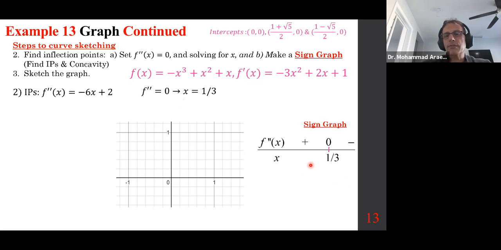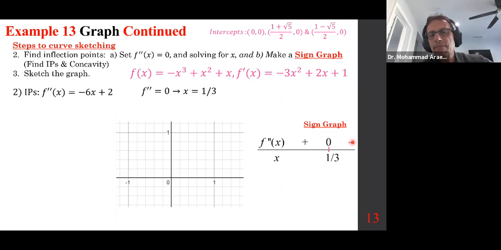Here's what happens. Number line, x, f double prime. At 1/3, f double prime is 0. To the left of 1/3, an easy point obviously would be 0. Plug in 0 into f double prime. That gives you positive. And they alternate, or plug in a 1, and you see it's negative.